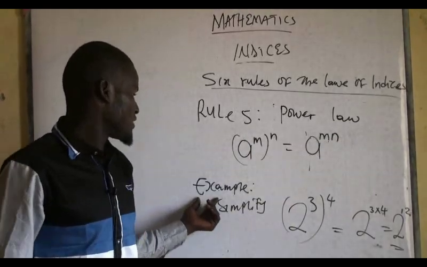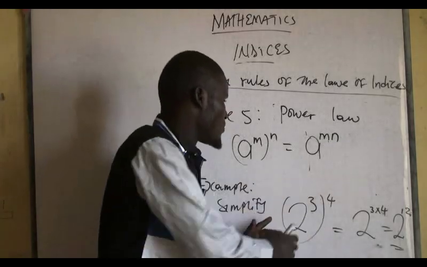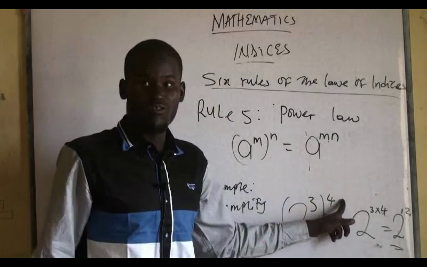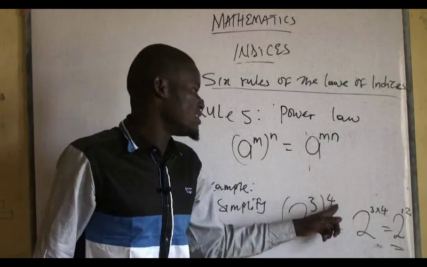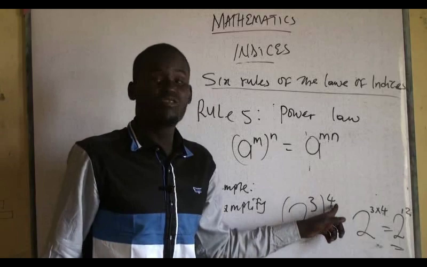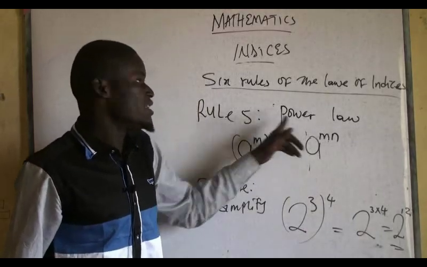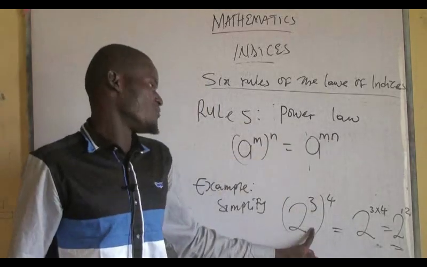So let's see an example. Simplify 2 raised power of 3, in bracket, close bracket, raised power of 4. So this is the inner power and this is the outer. That is the power inside and the power outside. So in this case we will use the power law in simplifying this.